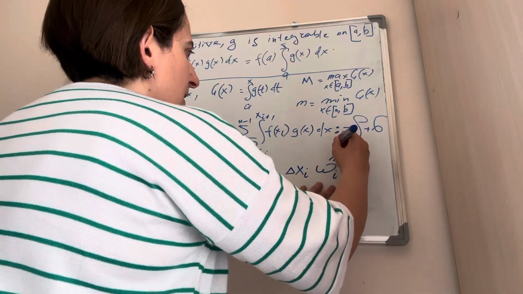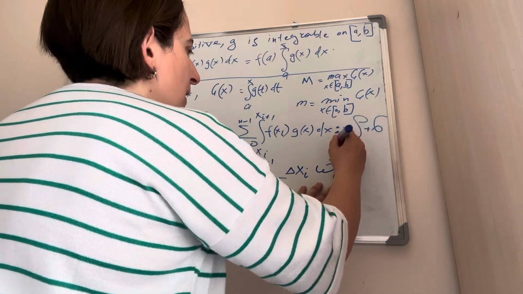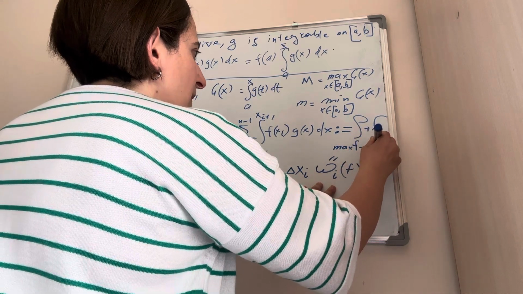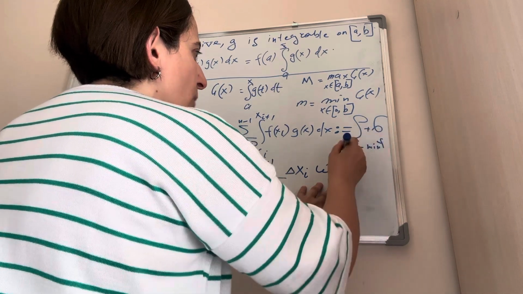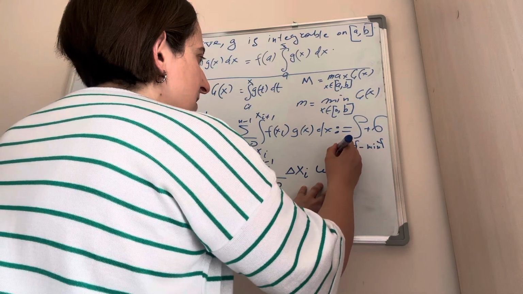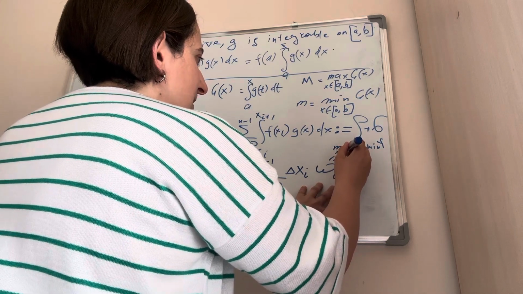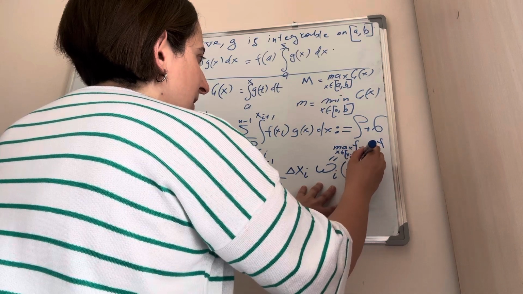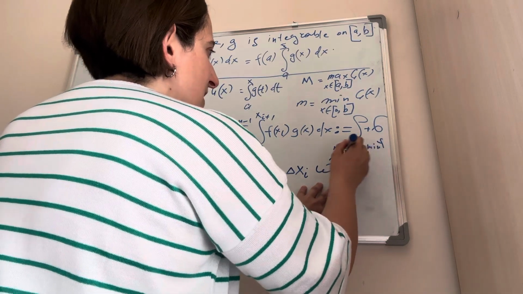the maximum of f minus the minimum of f when x is from [xi, xi+1], and same here.